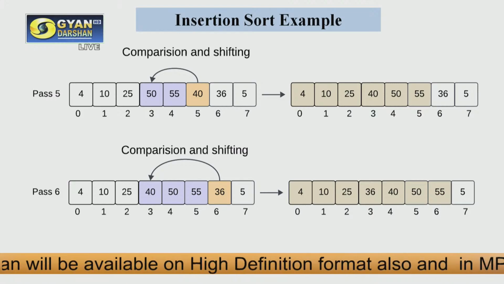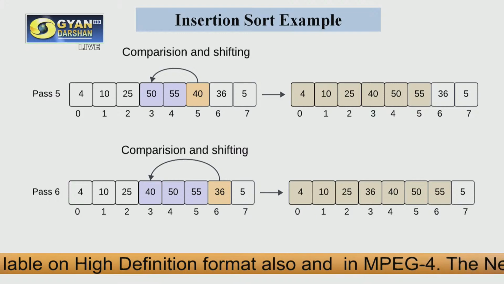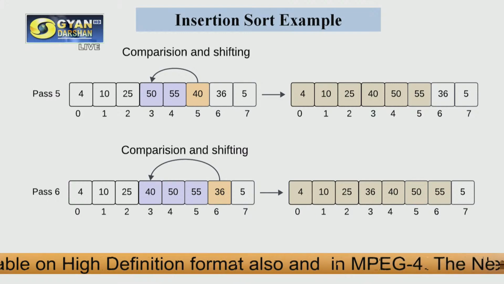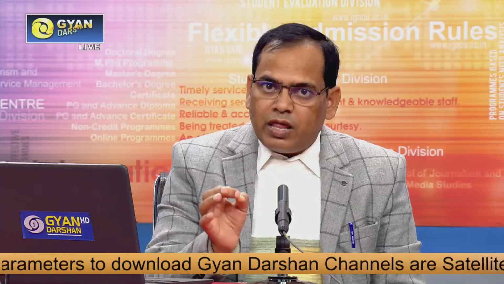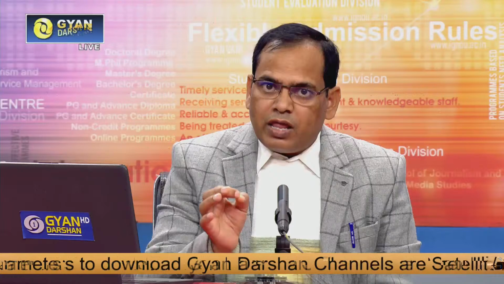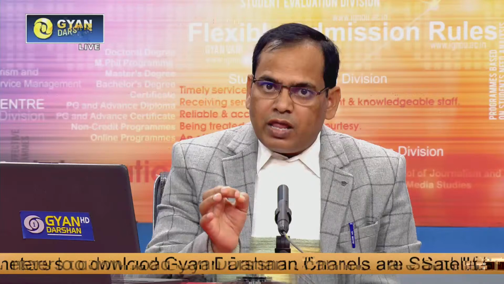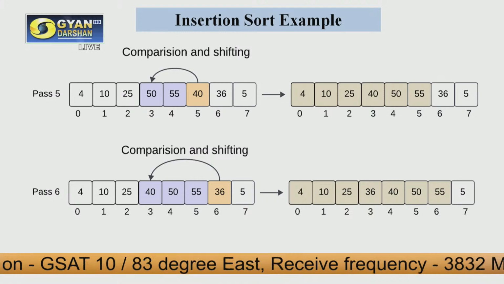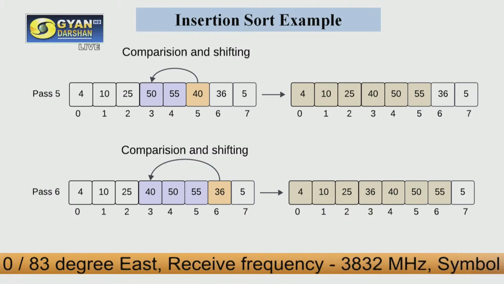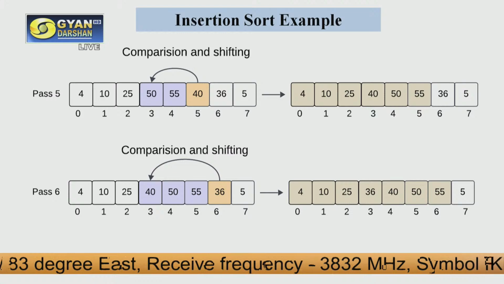So no further comparison is required. The bigger elements are shifted toward the right, and a place is made to insert the element 40. Doing this, we get that all 6 elements, 4, 10, 25, 40, 50 and 55, are now sorted.